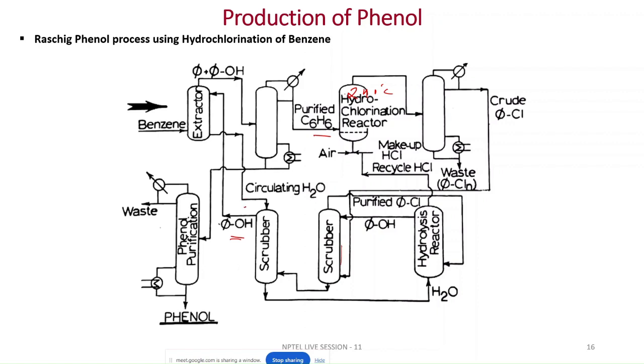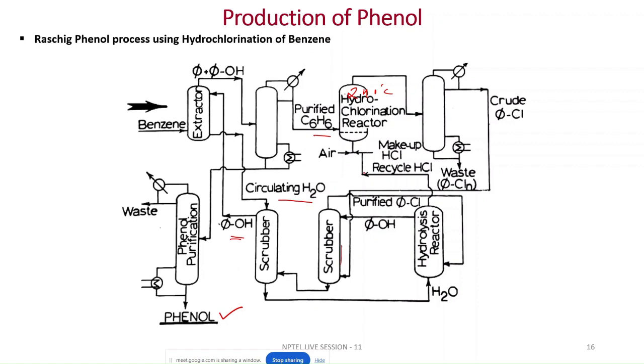After the extractor, the circulating water is sent to the scrubber for further scrubbing, and the top product of the scrubber goes to the distillation column. Now it comes to the phenol purification process, where we get phenol as a bottom product.